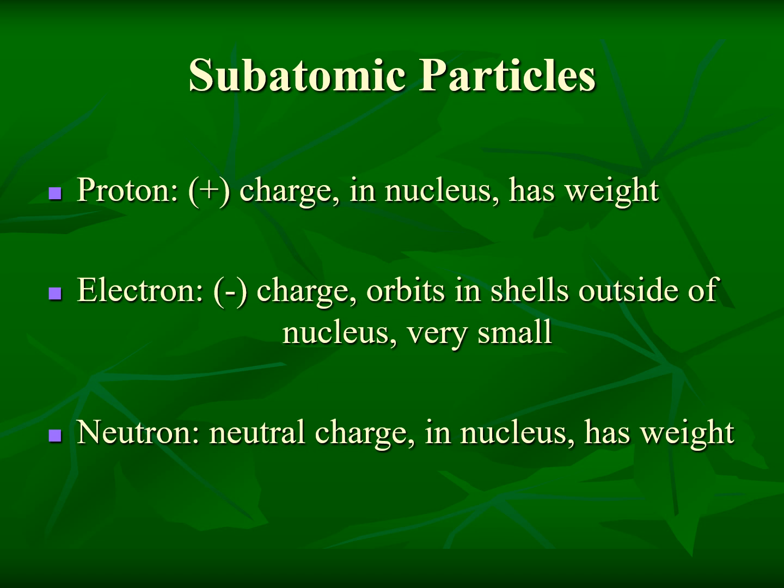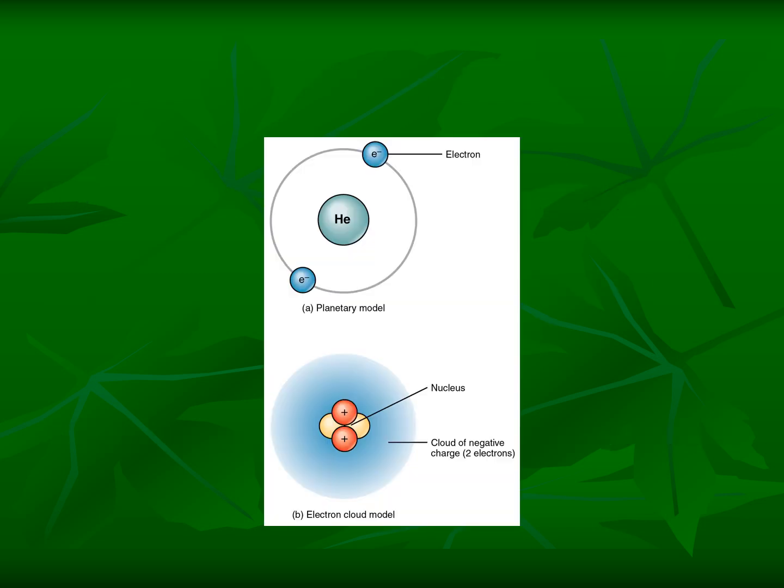The neutron has a neutral charge. It is in the nucleus along with the proton, and it also has some weight to it. This diagram is just showing a couple different ways that you can draw the atom to show the subatomic particles. So this is showing the nucleus with this electron cloud around it.